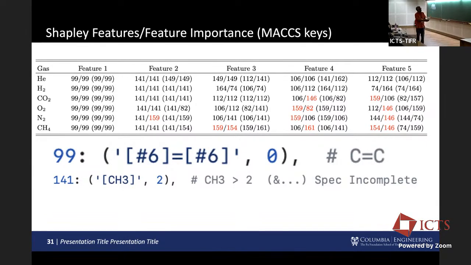And what came out was for all gases across all algorithms, this group 99 was the one that has the highest impact on permeability. Okay, so now when you see something unique like that appear, you say, great, 99 is C double bond C. So C double bond C, which leads to a stiffer backbone, seems to be the most important thing for deciding gas permeability.